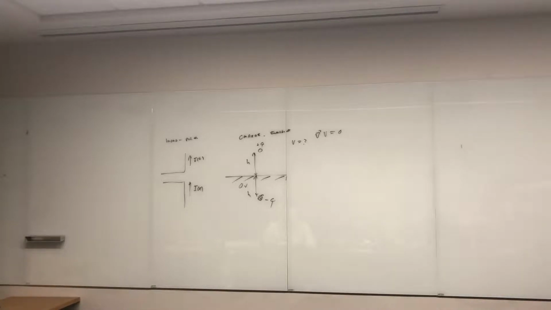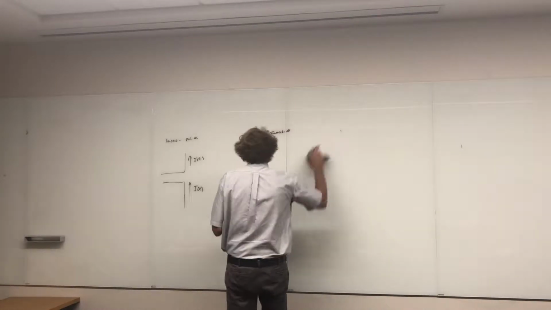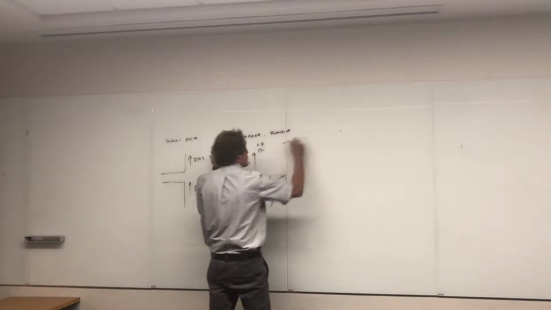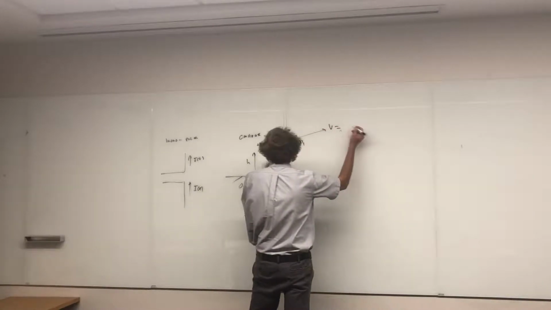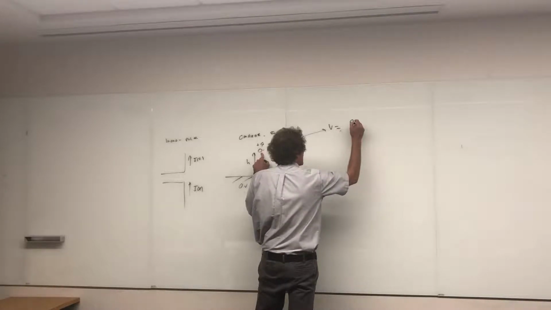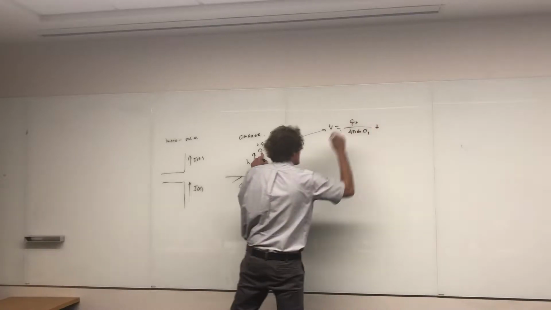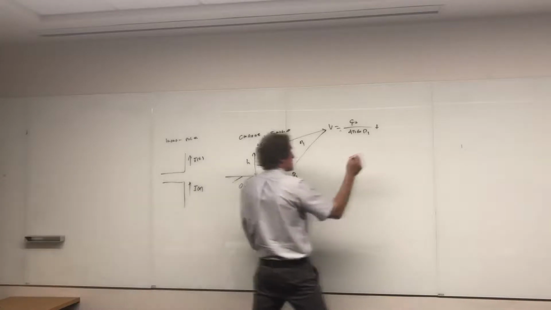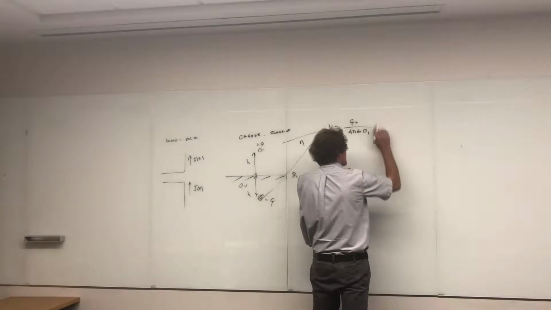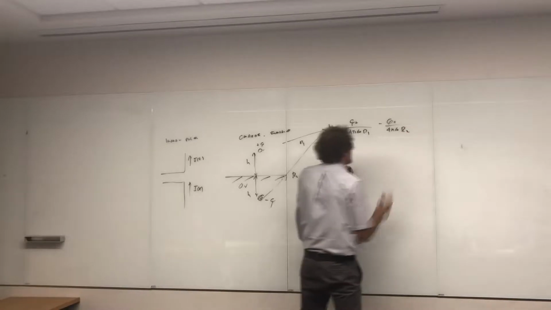If you're out here a distance r1 away, you can say the voltage here is just going to be Q over 4 pi epsilon naught R1, plus, remember voltage is a scalar, the term for this distance, which is now R2, only with a minus Q, so minus Q over 4 pi epsilon naught R2.